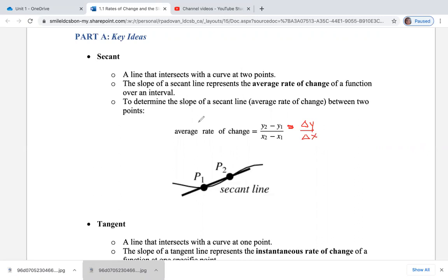Average rate of change, we can just use AROC for short. And this is also slope from grade 9, which we'll now refer to as the average rate of change.